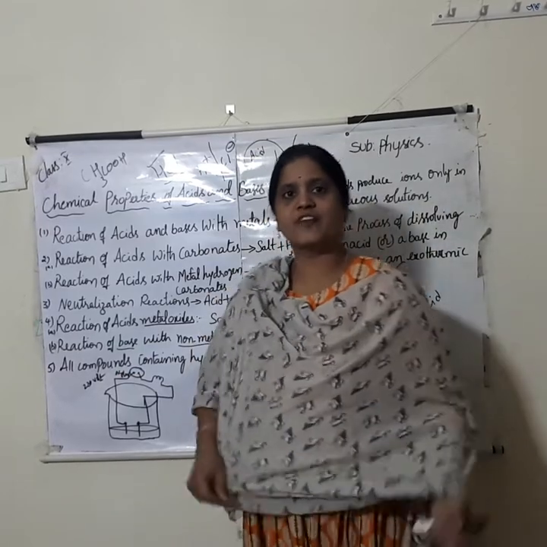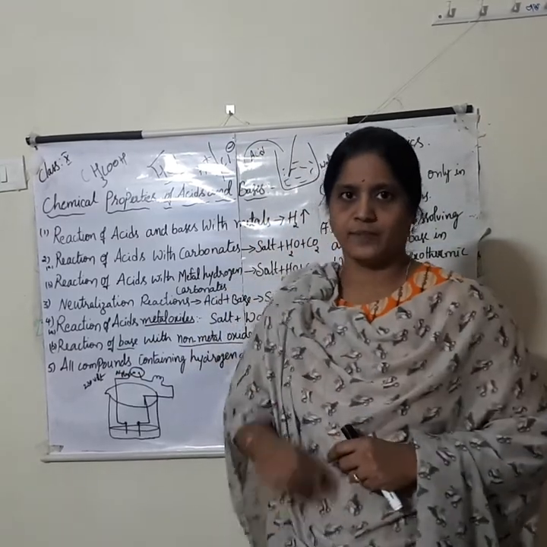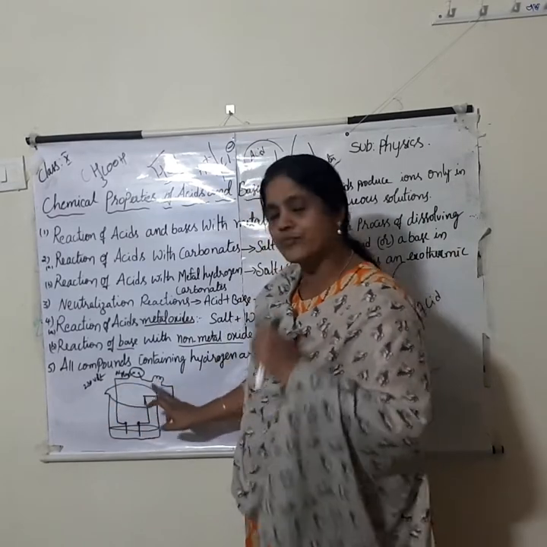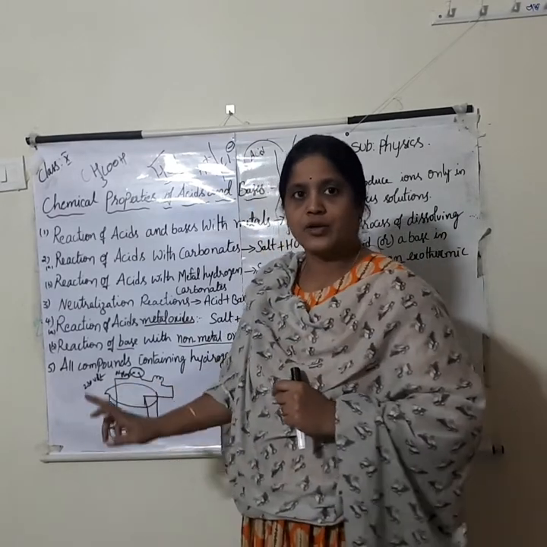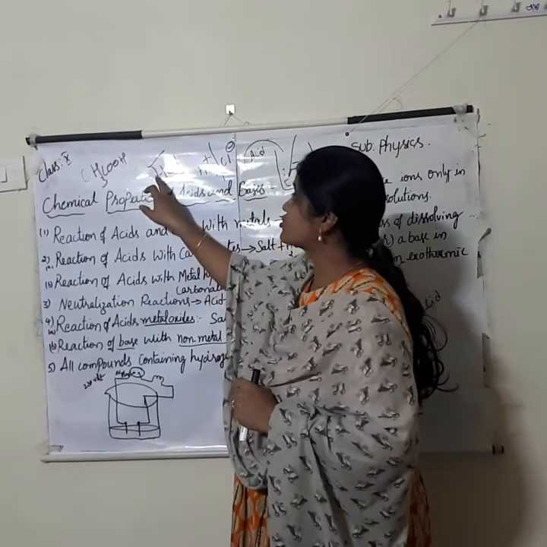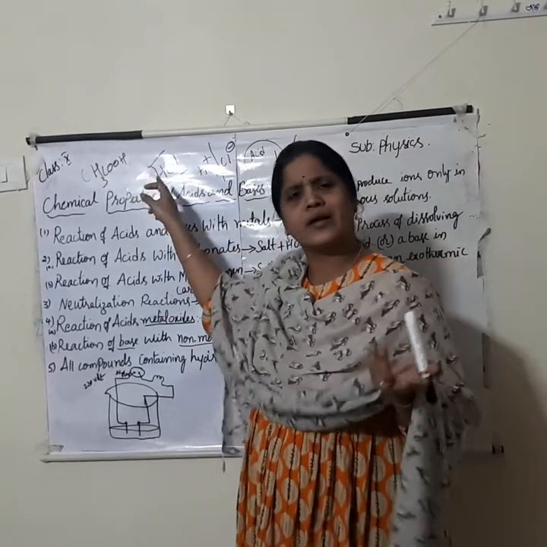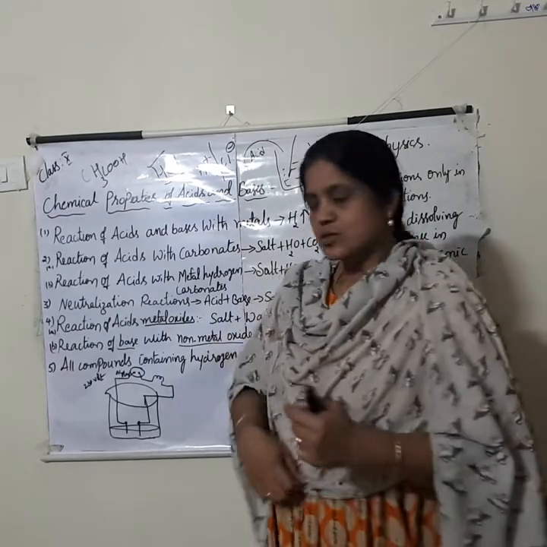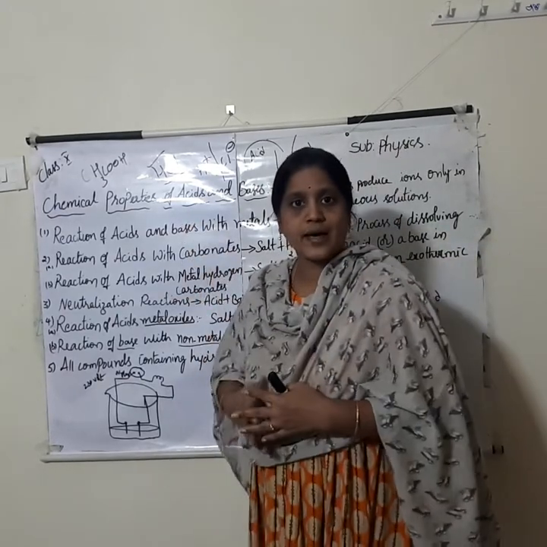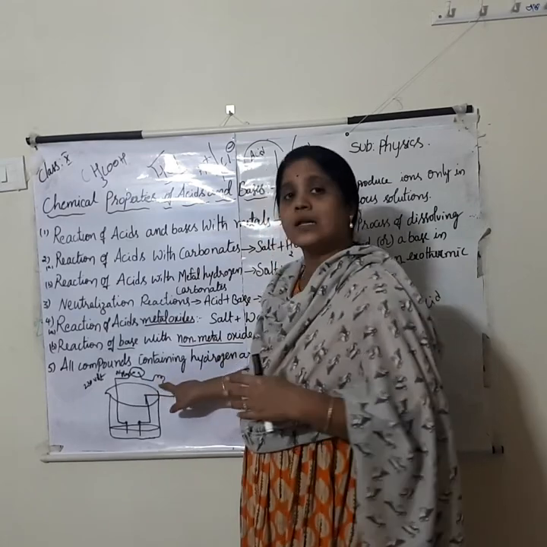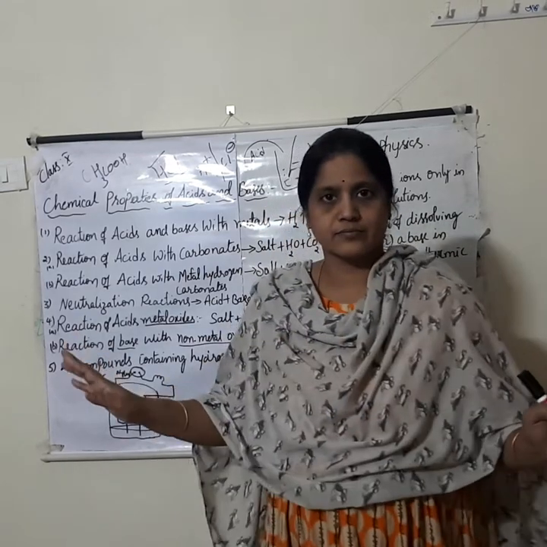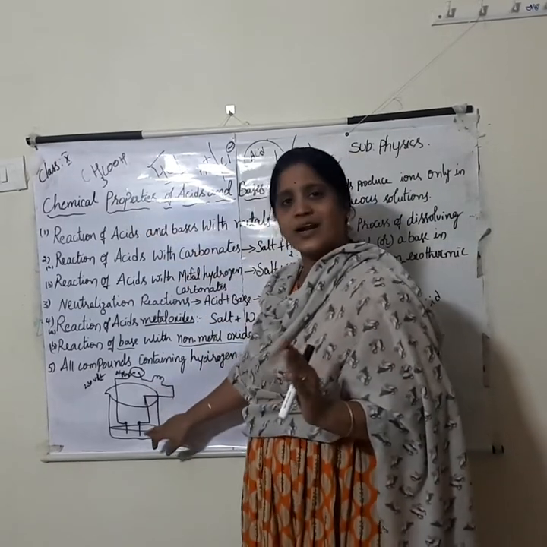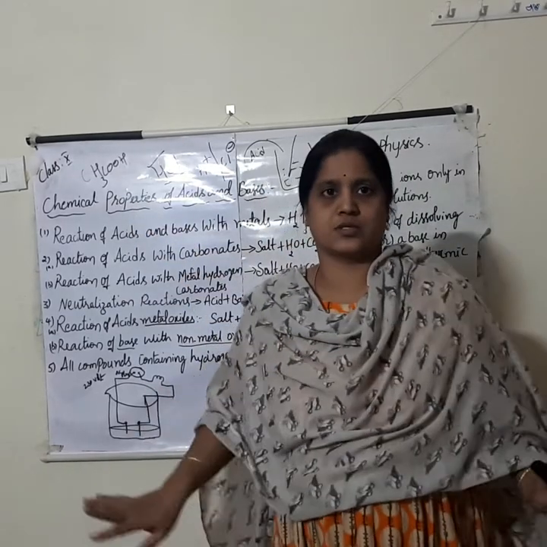HCl is a strong acid, you can take sulfuric acid also, H2SO4. If you take any strong acid, when you observe, the bulb glows brightly. These two are acids. In these two conditions, definitely the bulb glows.